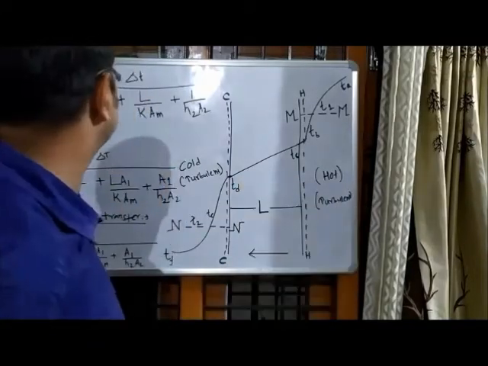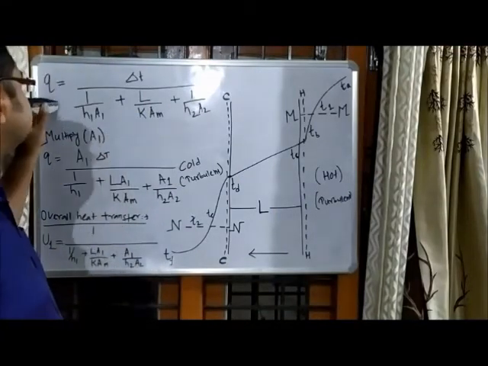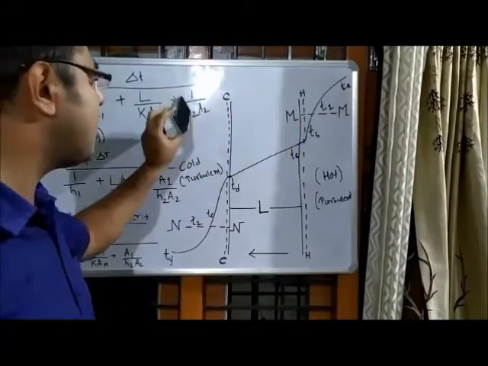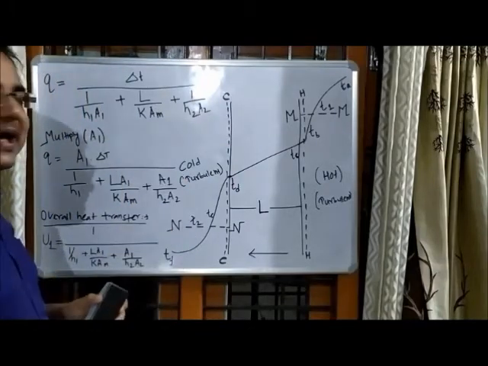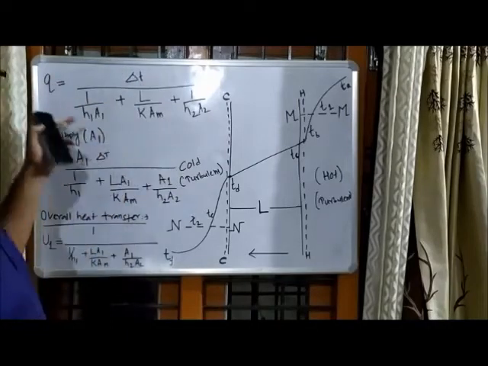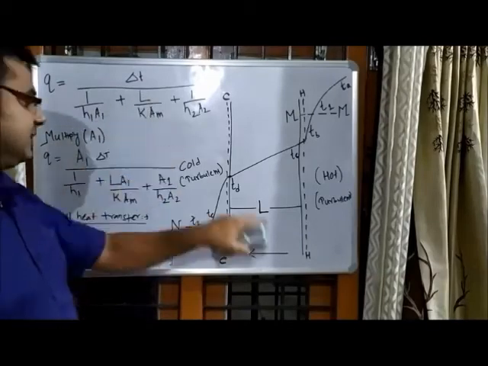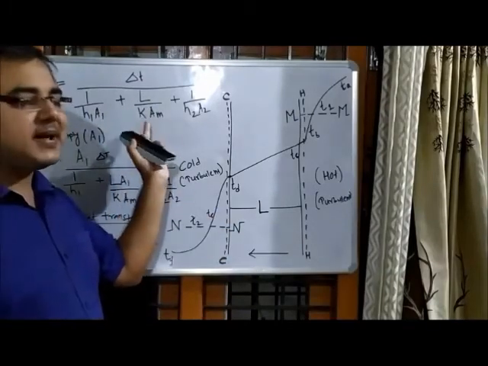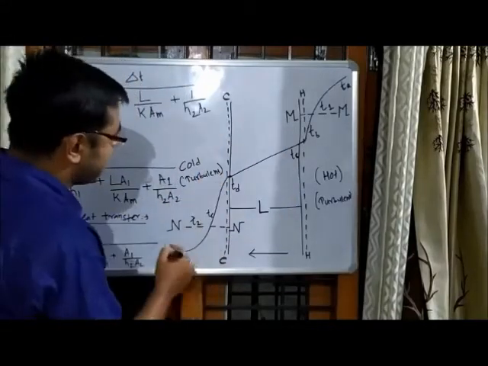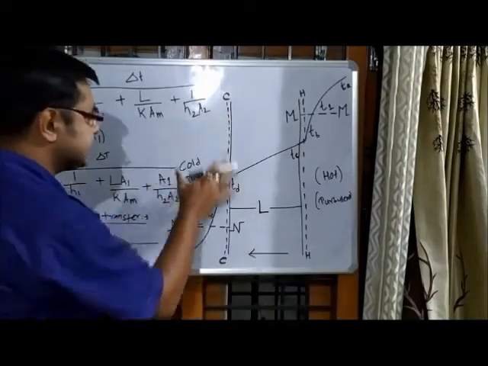Let us summarize the overall resistance to the flow of heat. It can be written as Q, the flow of heat, is equal to delta T, the temperature drop between these two areas, divided by the overall thermal resistance, that is 1 by H1A1 plus L divided by K AM, the average area, plus 1 by H2 into A2, the area.